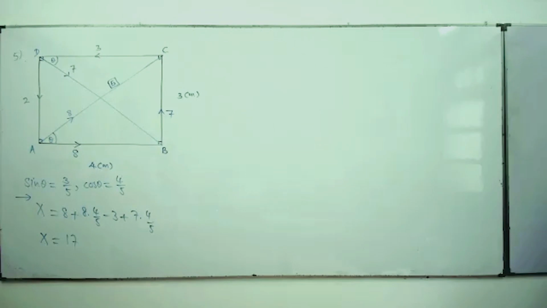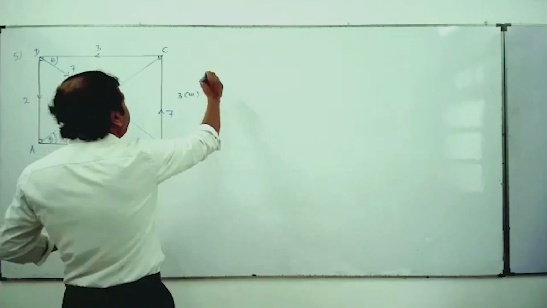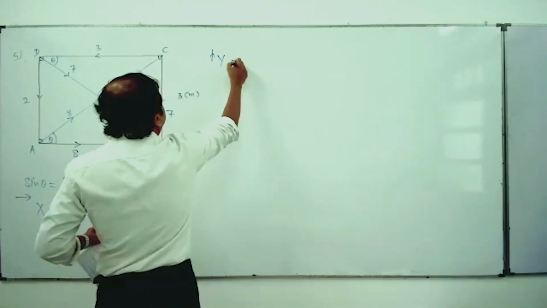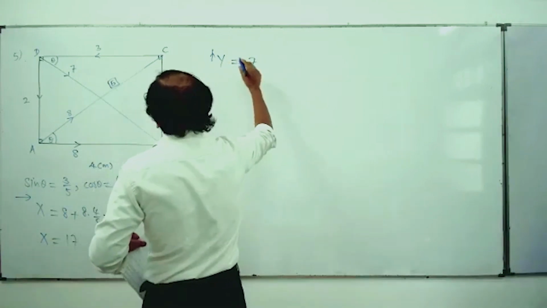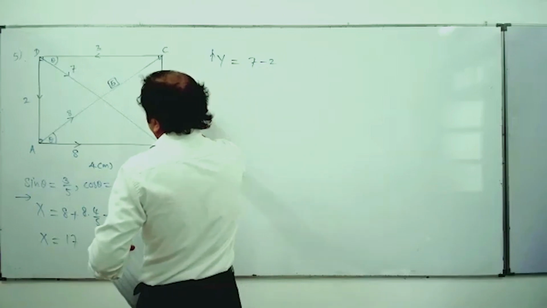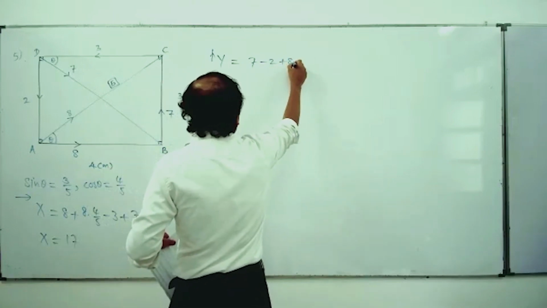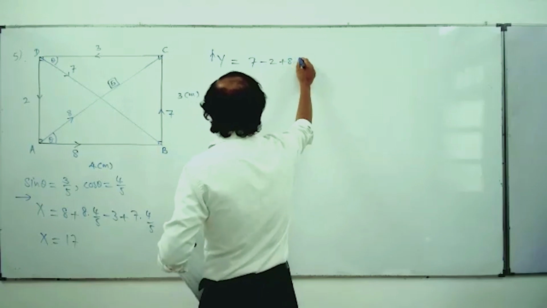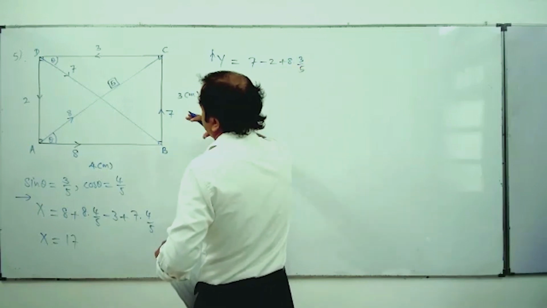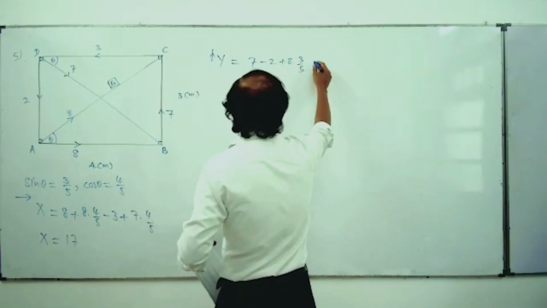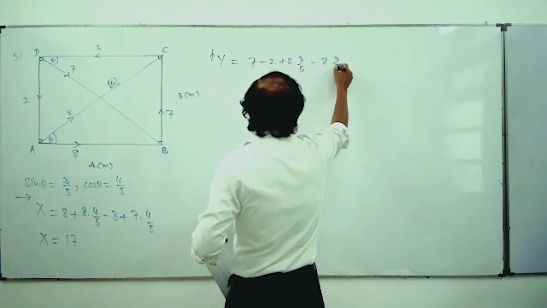Right. We can take resolving up, Y. 7 here and minus 2. 8 sine theta minus 7 sine theta, where sine theta is 3 by 5.